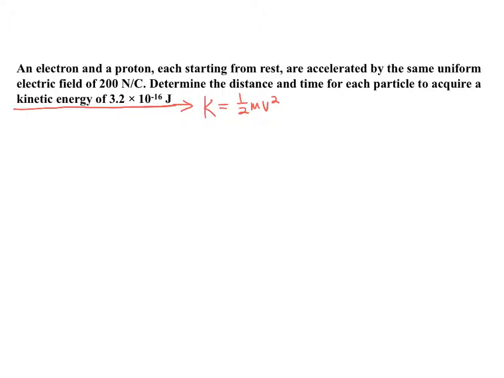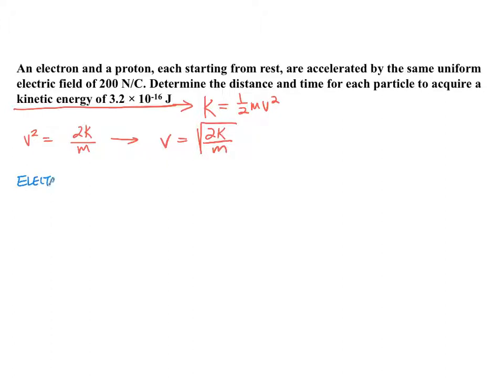Let's solve it for v. So v squared is going to be 2K over m, which means in general, v will be the square root of double the kinetic energy over the mass. That's going to be our general formula.